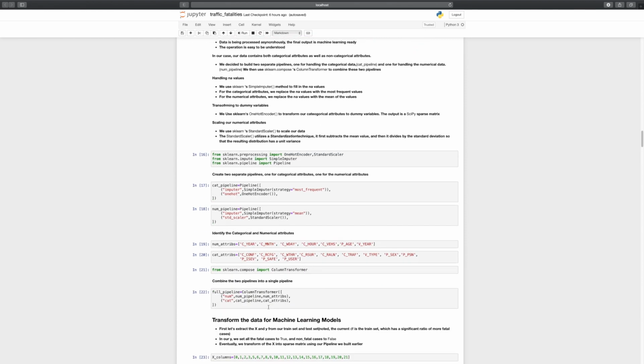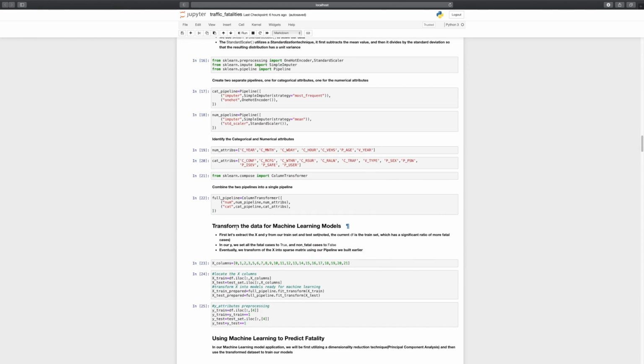And then our pipeline is built, and at the next stage we can start to transform our data using these pipelines. I first split my X train set as well as X test set from the data frame, and also my Y train set and Y test set.